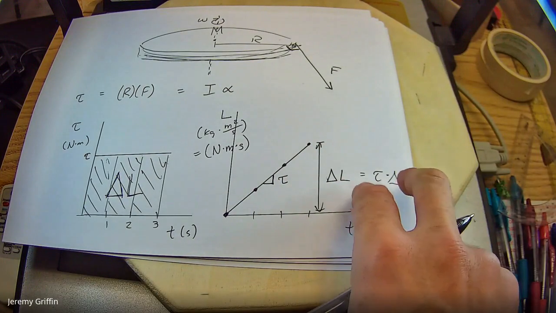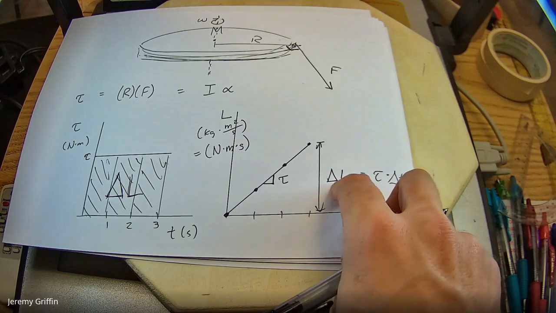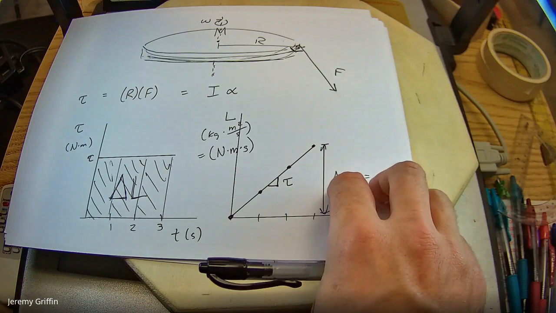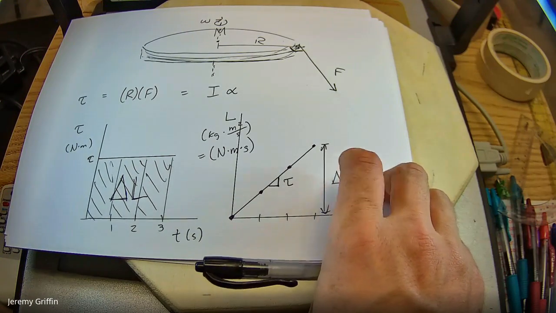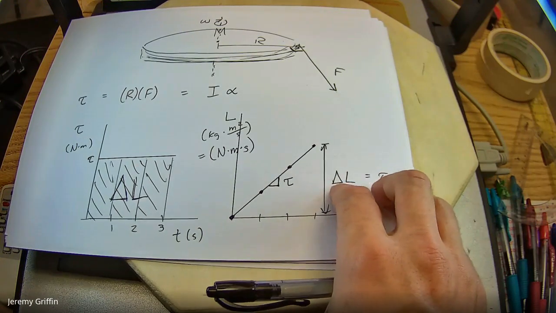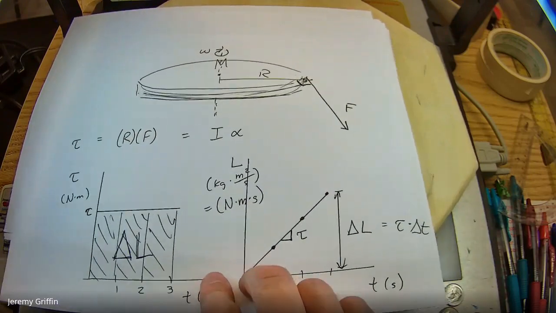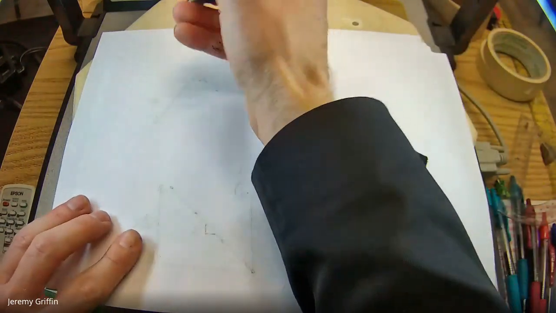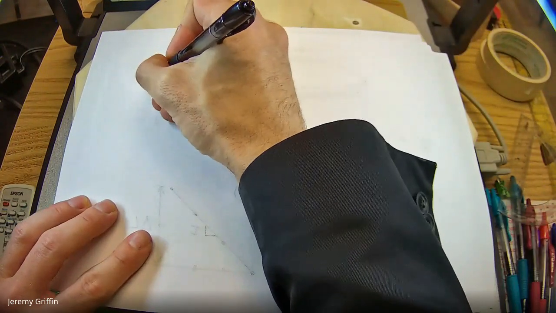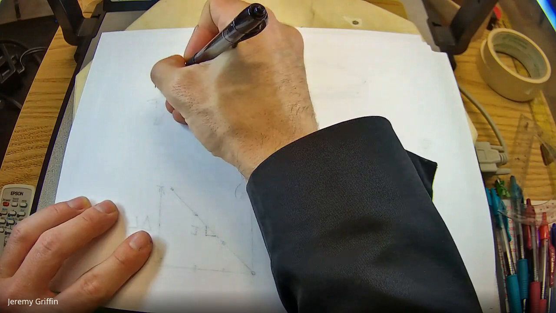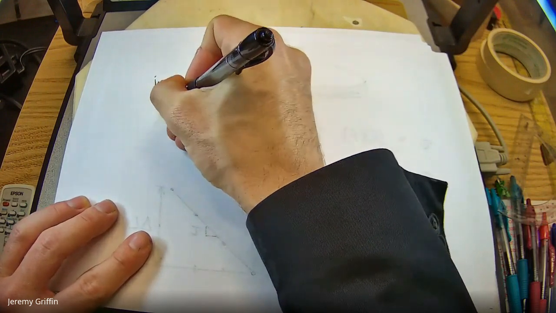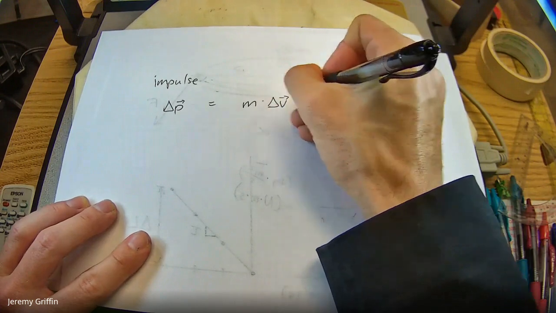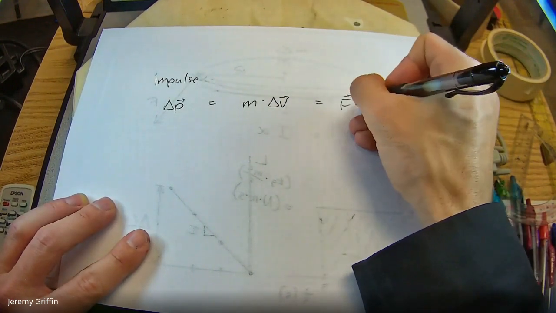So the expression I just wrote, the acquired angular momentum, is torque times time interval. Hey, does that look like impulse, where change in momentum is force times time interval? That sure does look like that, doesn't it? Back in the day, actually just a couple weeks back, you guys remember how impulse delta P was mass times change in velocity, but that came from applying a force for some time interval.